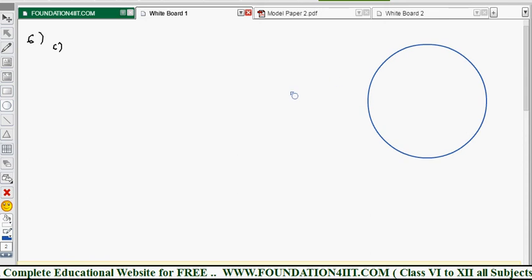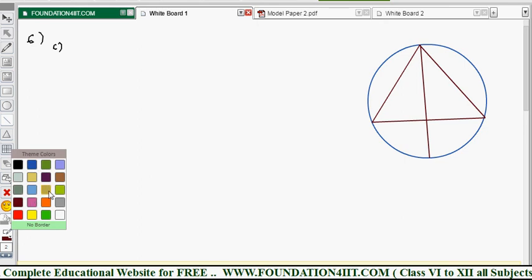And ABC is the triangle. ABC is the triangle and I is the incenter. That is touching the circle at D. Now let me join these points.